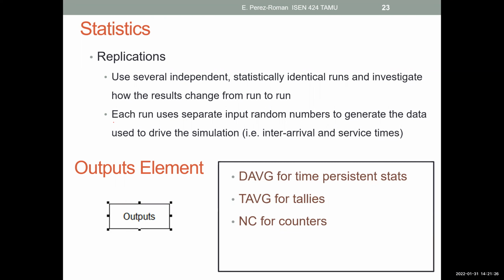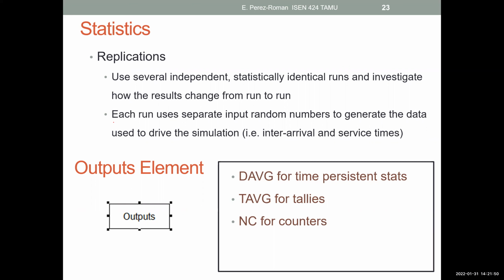So those are replications. These use several independent, statistically identical runs and investigate how the results change from run to run. Each run uses separate input random numbers to generate the data used to drive the simulation. For example, the arrival times, the service times, those are independently generated for each replication.